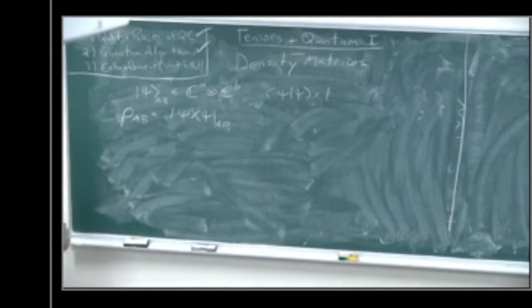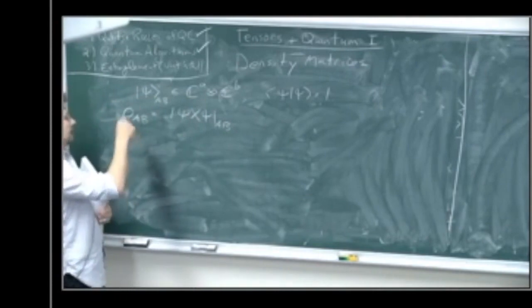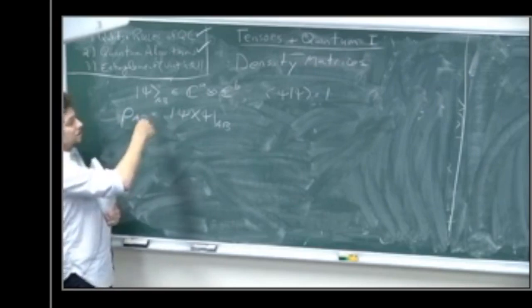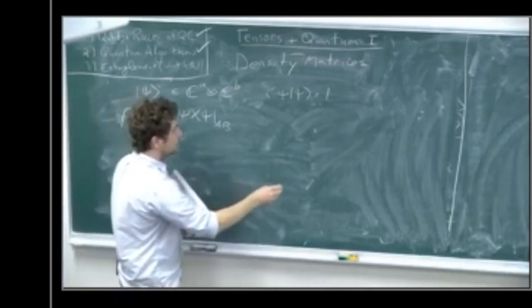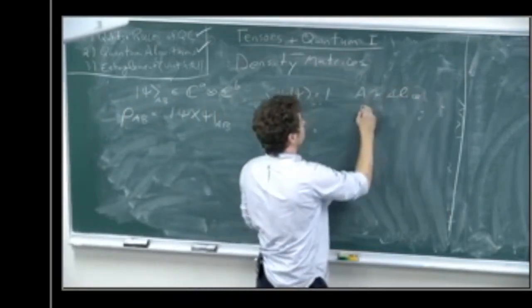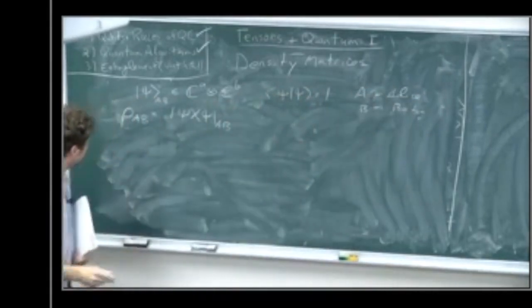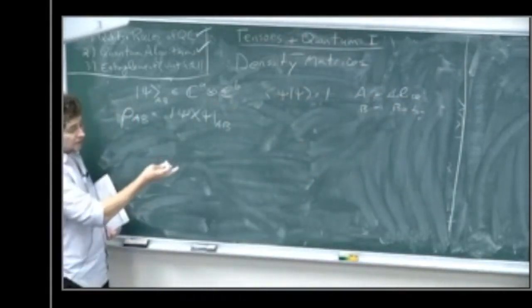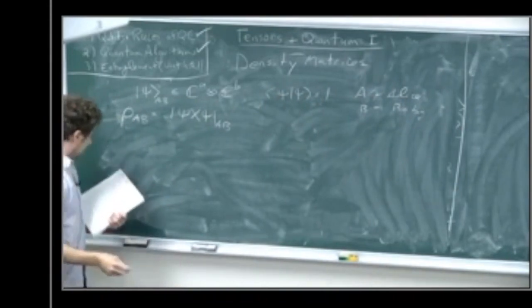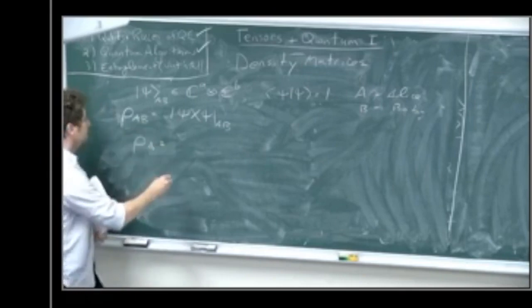And actually, if you just want to describe experiments that you do on the A system, okay, now I have to introduce Alice and Bob. A is for Alice and B is for Bob. These are the people that hold on to the systems A and B. If I just want to describe experiments that Alice is going to do, I actually only need access to rho A instead of rho AB. What's that?